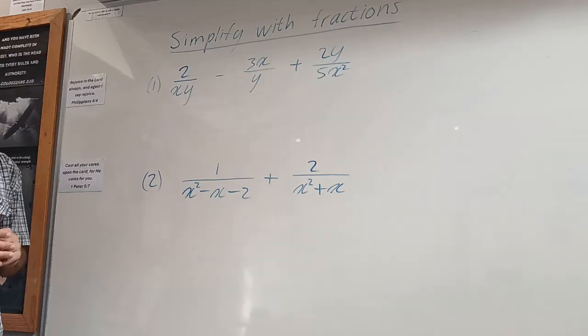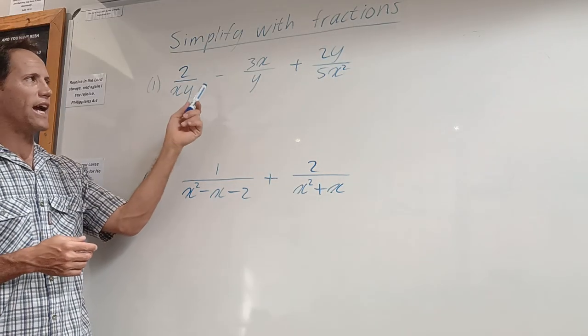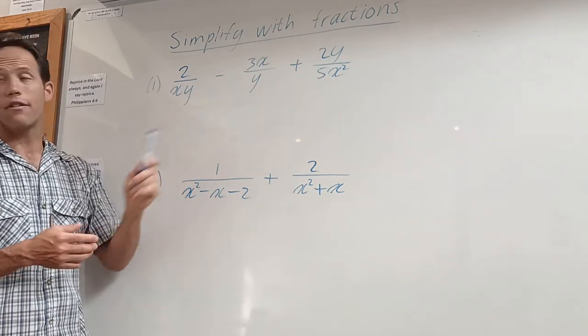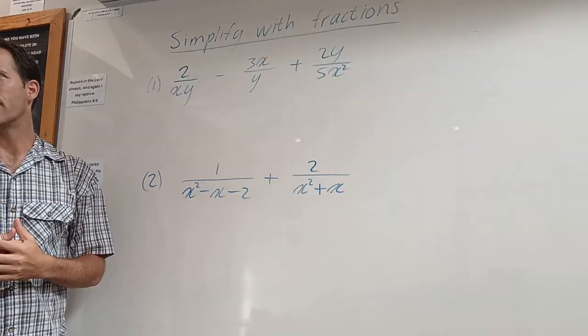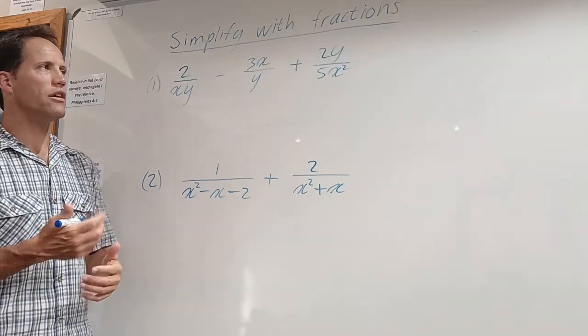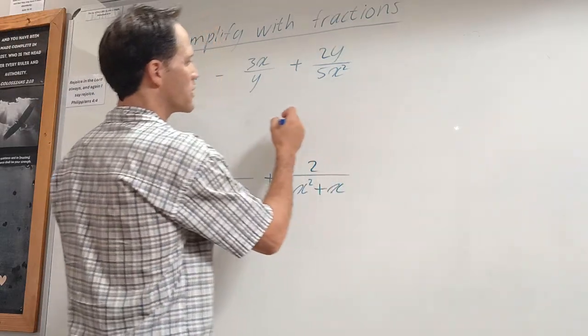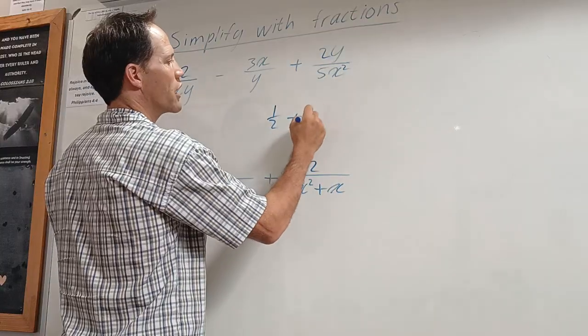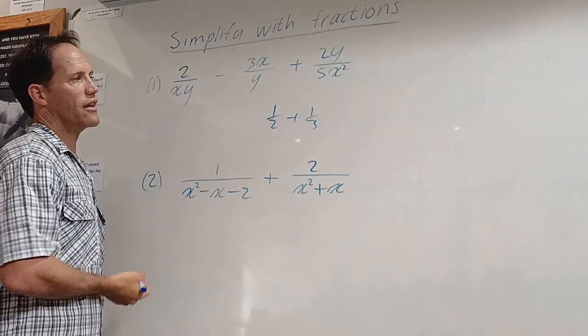The main thing to do when you see adding or subtracting fractions is to get the same denominator. Remember we learned that, if you just think of a basic thing like 1 over 2 plus 1 over 3, and we say add them.